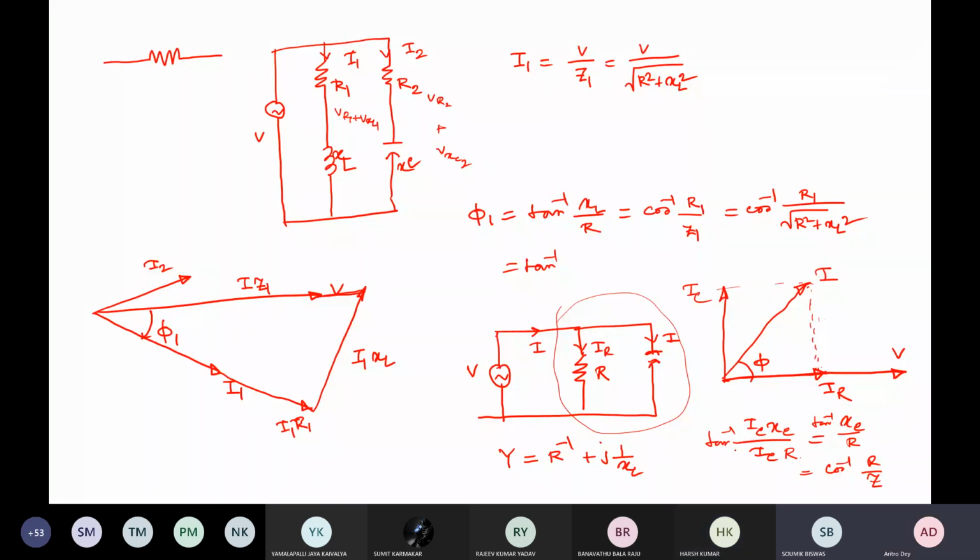It is for this particular circuit. It will be tan inverse of IC divided by IR. So IC is equal to V by XC divided by V by R. So tan inverse R by, sorry, XC.